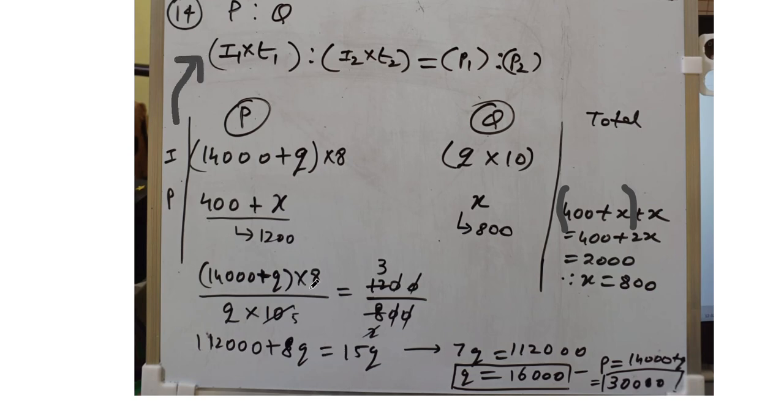What we can write, I1 T1 divided by I2 T2 is equal to P1 by P2, because ratios are in proportion.